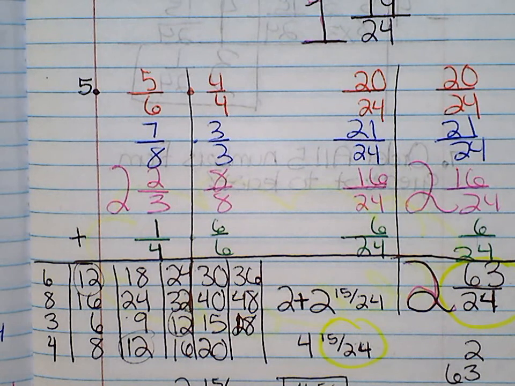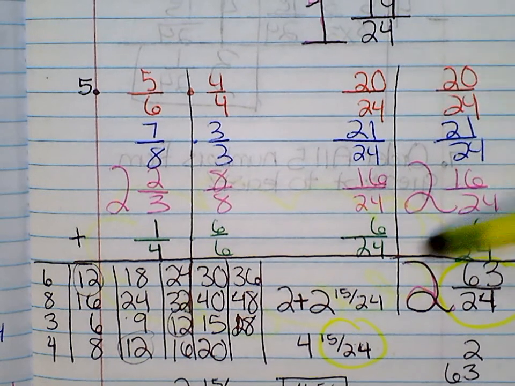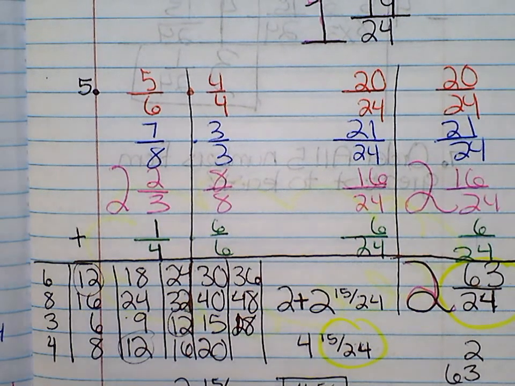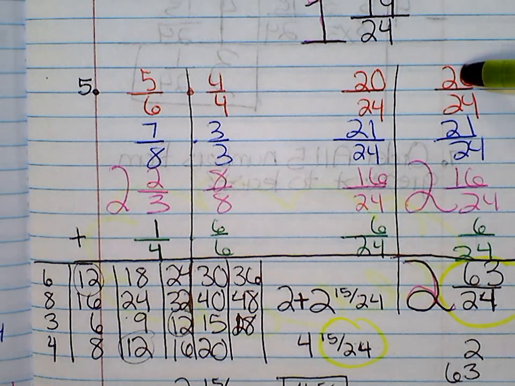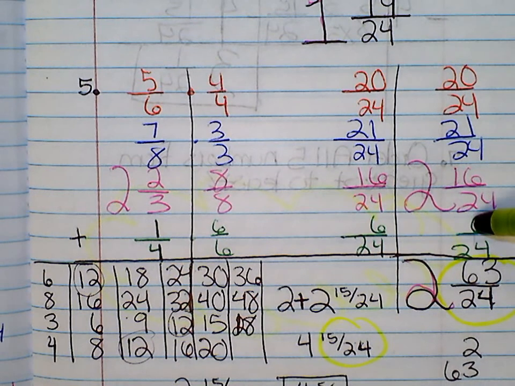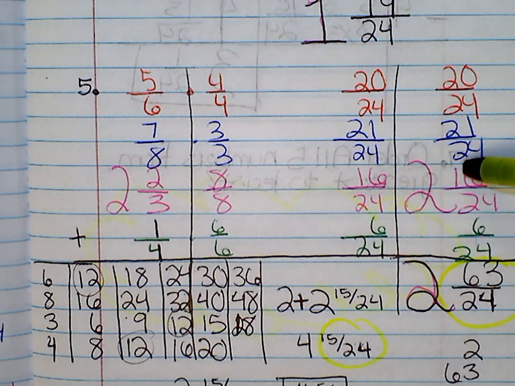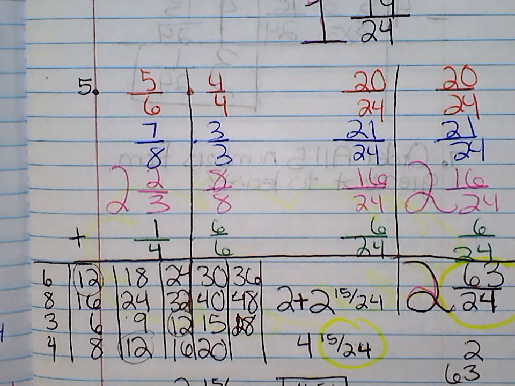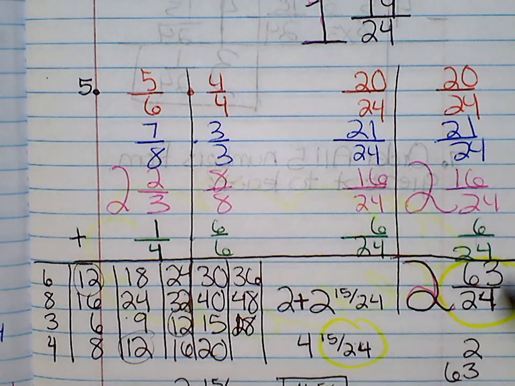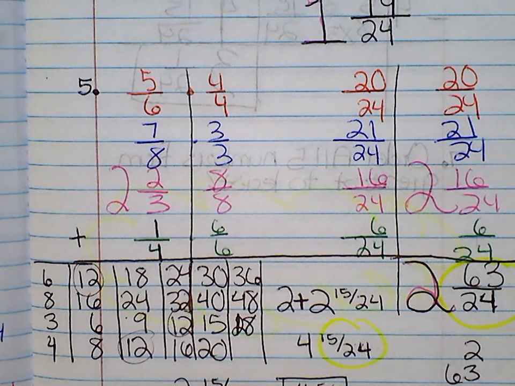That is right. So we go ahead and add all of our whole numbers, and we only have 1, so we go ahead and bring that down, and then we do what to the numerators? We add the numerators, and we keep the denominator the same.